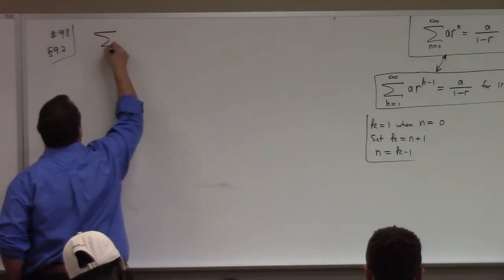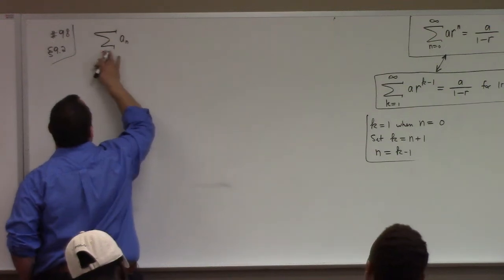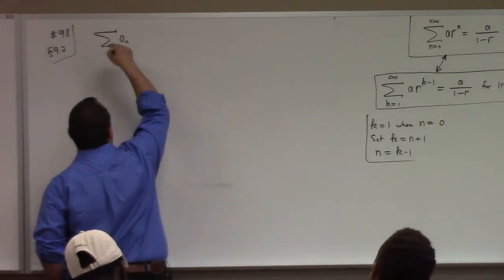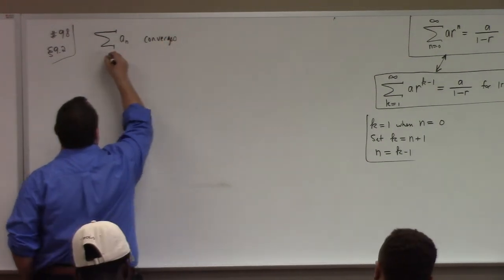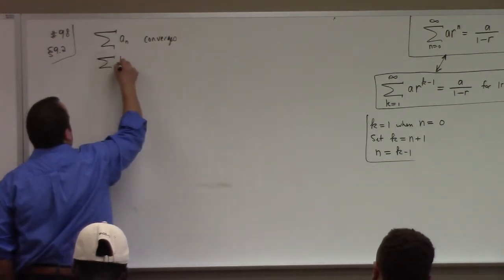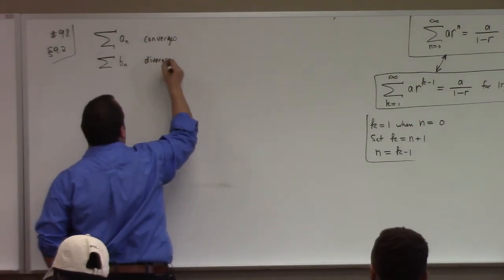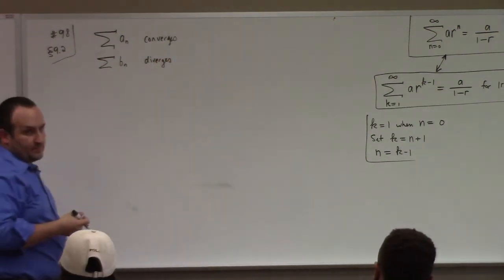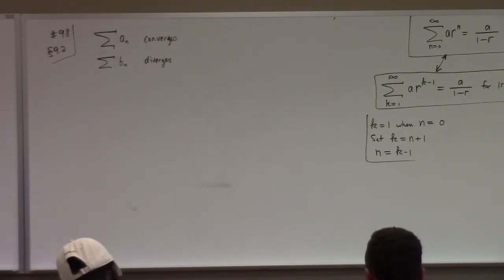Let's suppose that this, well, we don't really care about the lower bounds here, converges. Suppose that this series diverges. Our goal is to show that the series with typical term a_n plus b_n is also divergent.